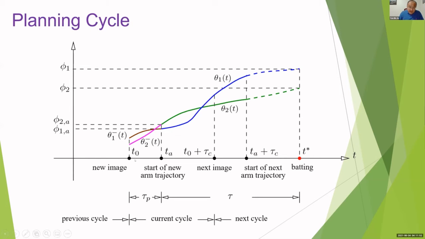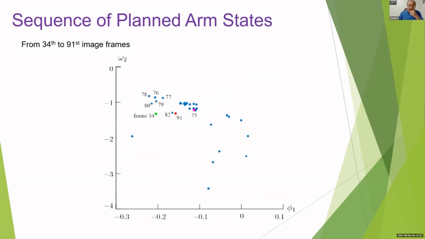That takes about 3 milliseconds, and then the new trajectory takes effect. It lasts into the next cycle, even after the next image is taken. So the robot constantly modifies its trajectory. Here we'll give you an idea how this happens at the very initial frames.